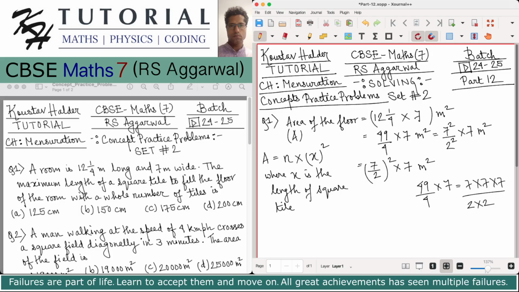So x has to be equal to 7 by 2 meter, and also we can say that n, that is the whole number of tiles, will be 7.